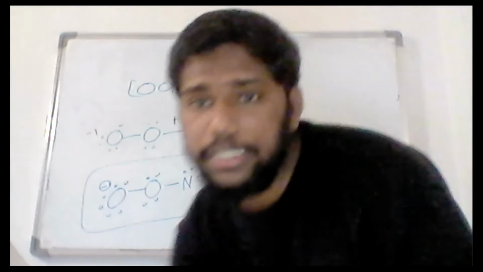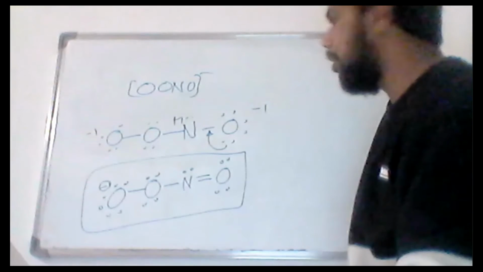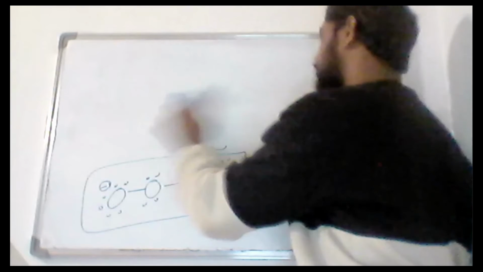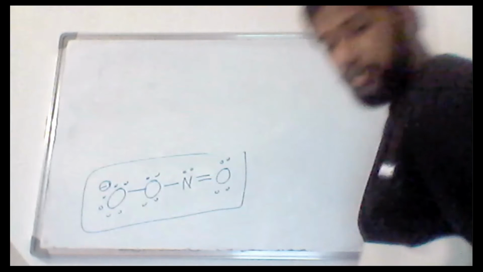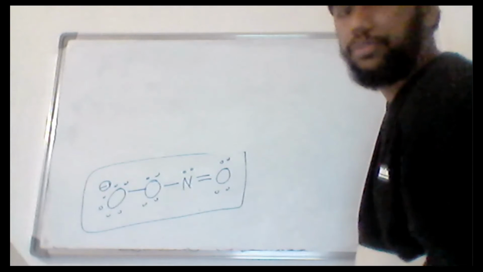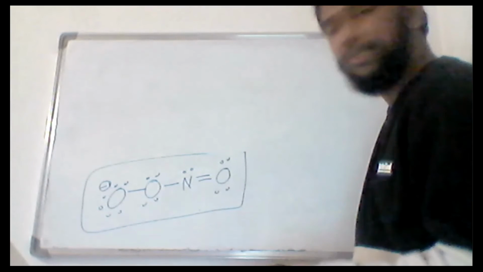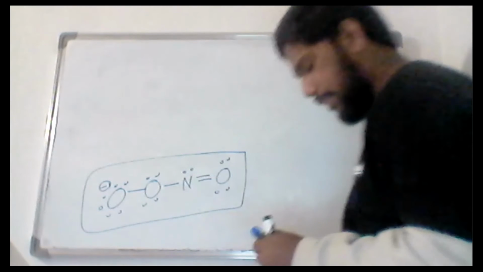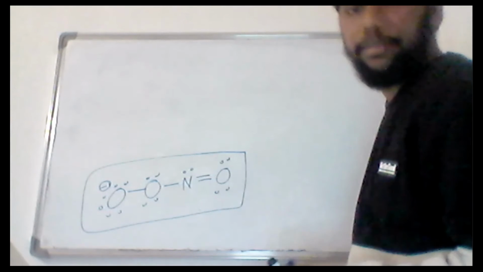The next question is: draw resonance structures for this ion, giving reasons, and comment on their relative stabilities. Now we have to look at the resonance structures. Now we have the Lewis structure, so I will erase this one. Resonance structure means you need to put the electrons in a different arrangement and see what structures can be taken, and then you need to tell the stability, right?